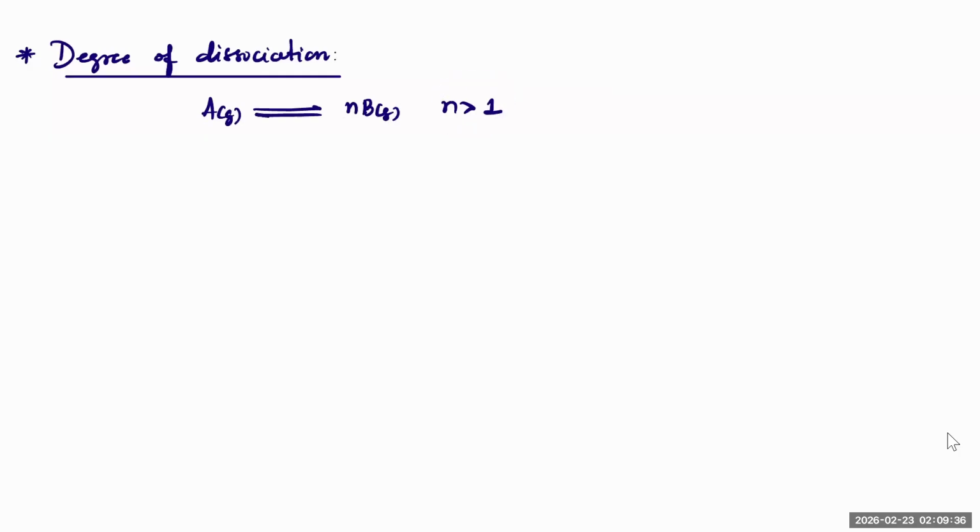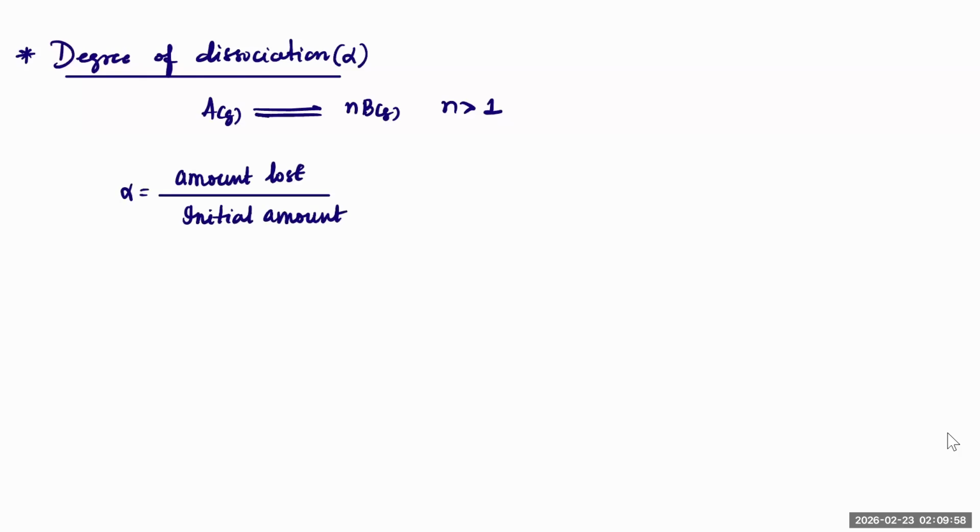Then degree of dissociation, which is normally written as alpha, is always defined as the amount lost by the reactant upon the initial amount. That will be the degree of dissociation in general.